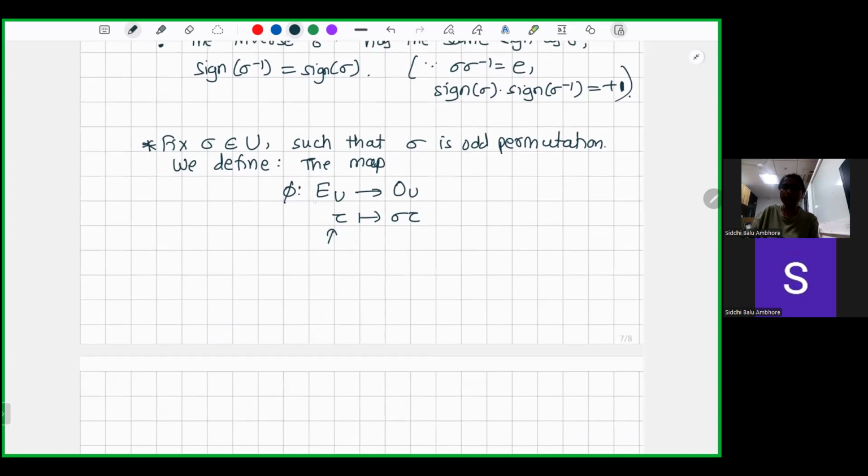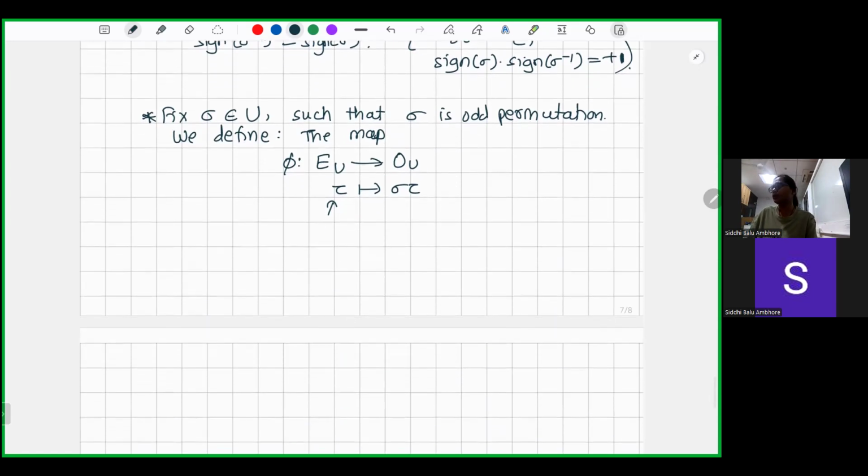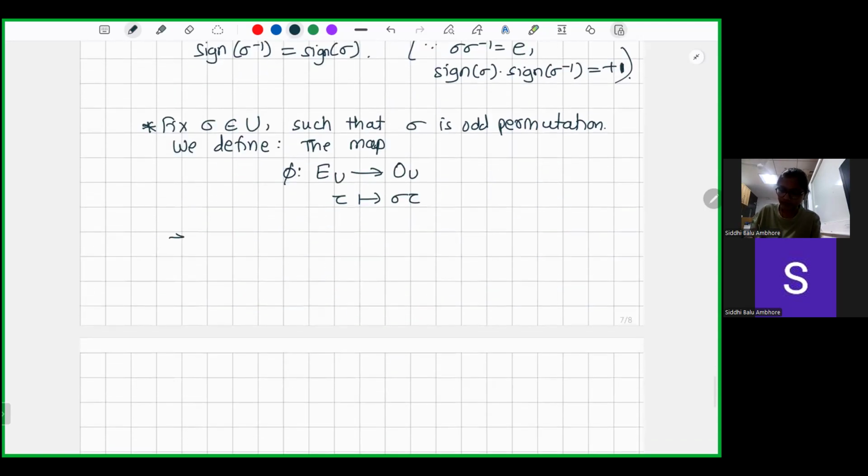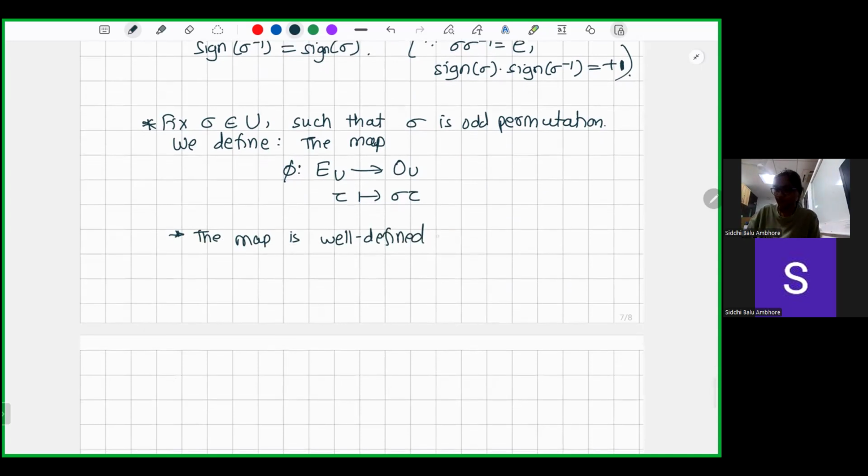So for any even permutation in EU, I will have an odd permutation in OU from U. So the map is well defined, because if tau belongs to EU, then sign of sigma tau will be sign of sigma times sign of tau.